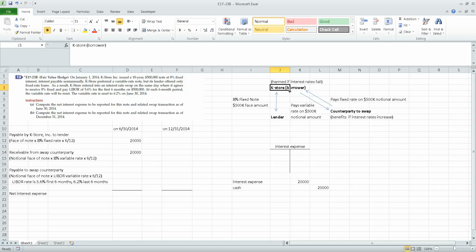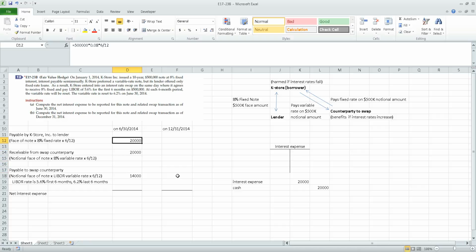Then K-Store is going to cut a check to the counterparty, and the amount of the check is going to be equal to the notional amount of the swap times the variable rate of interest that they are contracted to pay, which was 5.6% for the first 6 months. So we've got 0.056, and that's for half the year. So they're going to cut a check for $14,000.